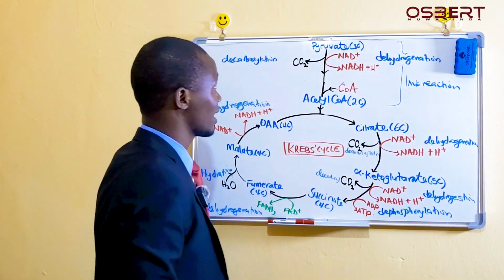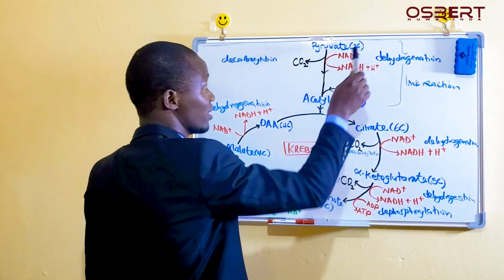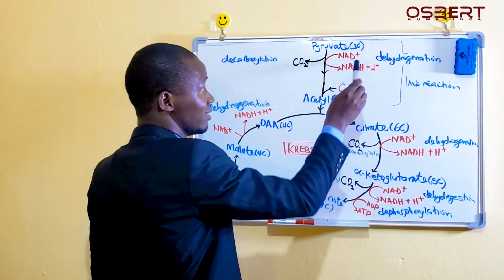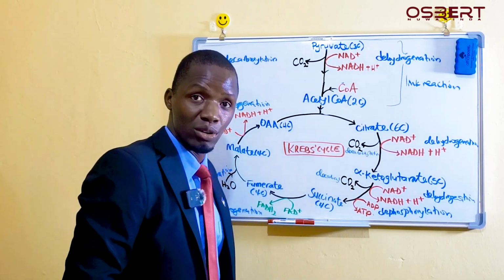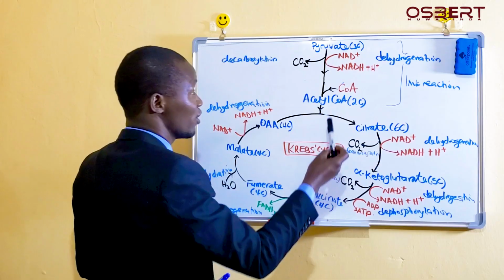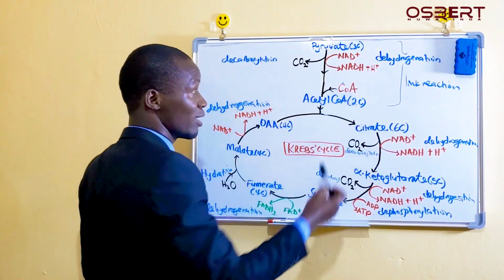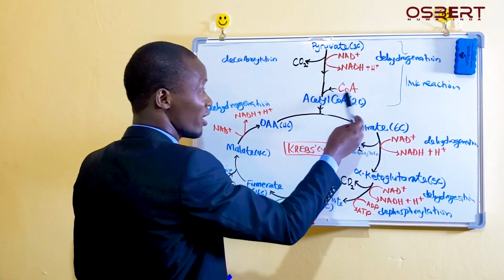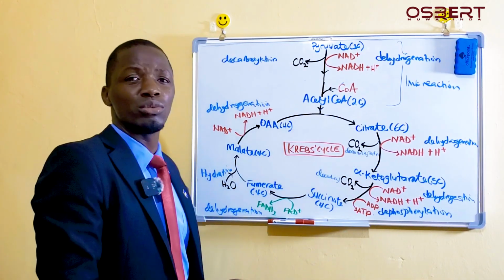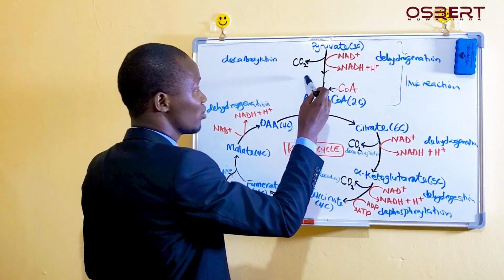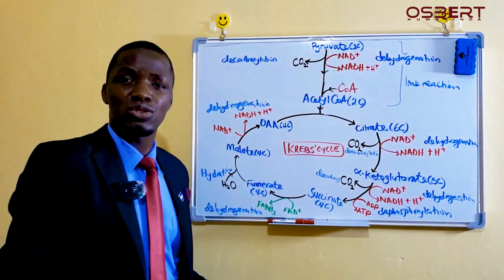Just like somebody can come and say, when you get pyruvate and add NAD+, you remove the carbon in the form of carbon dioxide, which is decarboxylation, and then you add coenzyme A. The final product you get is acetyl-CoA, without first taking you into this acetyl group. That is also correct.